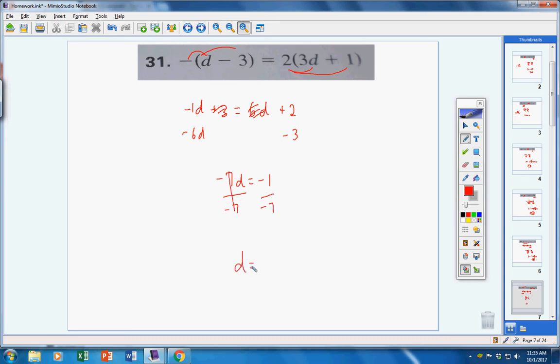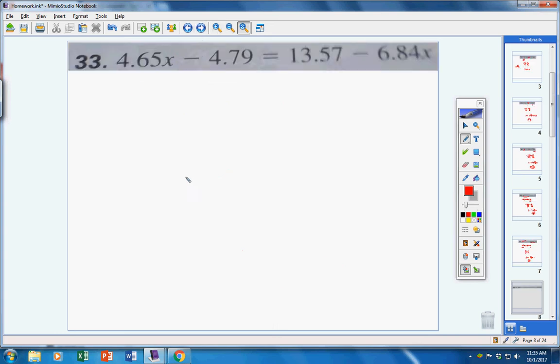A negative over a negative is positive, and 1 divided by 7 is 0.14285. It continues on. Okay. The third decimal place is a 2. That means you can leave the 4 alone. So your answer is 0.14. All right. Okay, number 33.